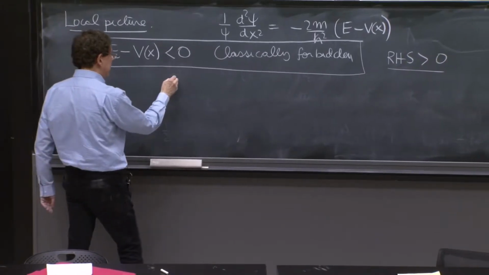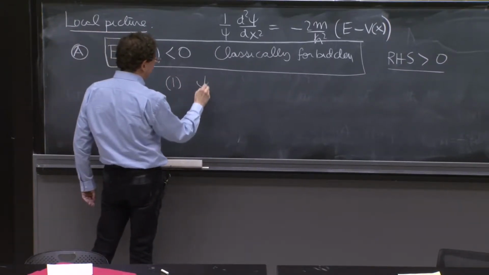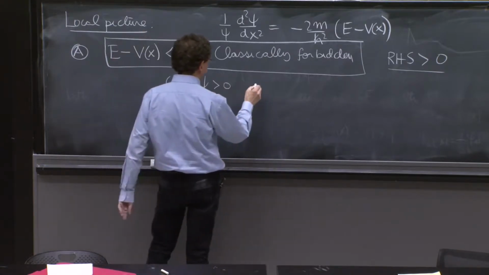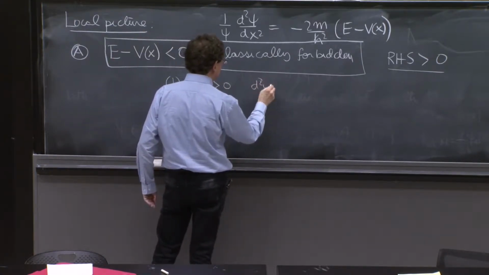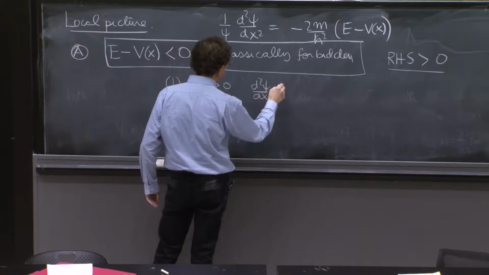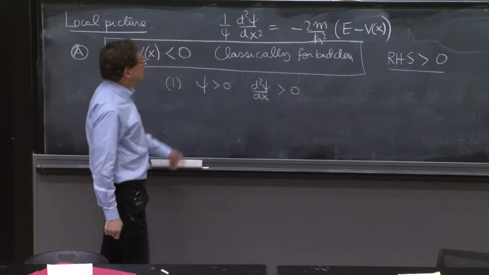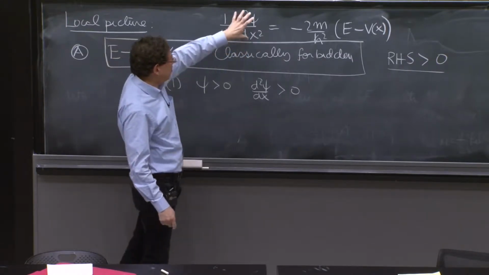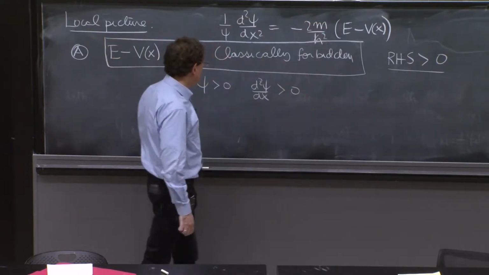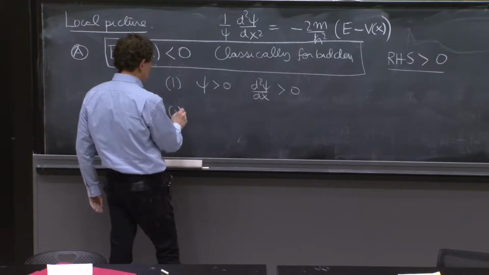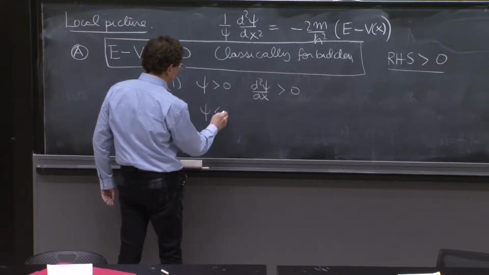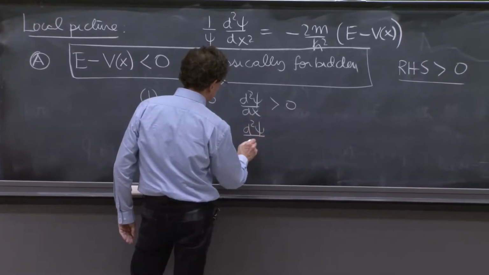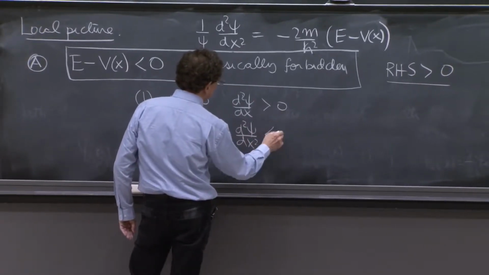It may be that psi at some point is positive, in which case the second derivative of psi must also be positive, because psi and the second derivative appear here. If both are positive, this is positive. Or it may be case 2, that psi is negative and the second derivative of psi with respect to x squared is also negative.